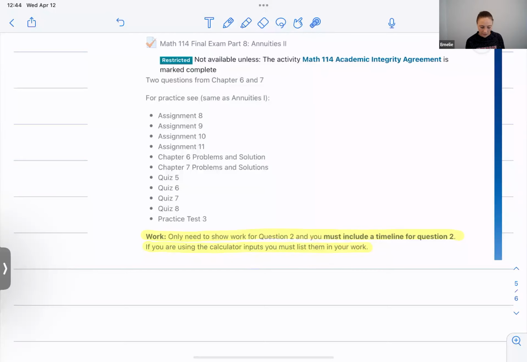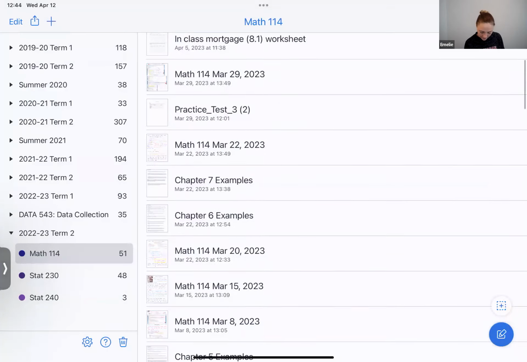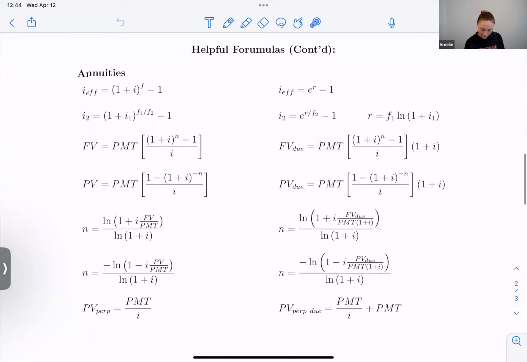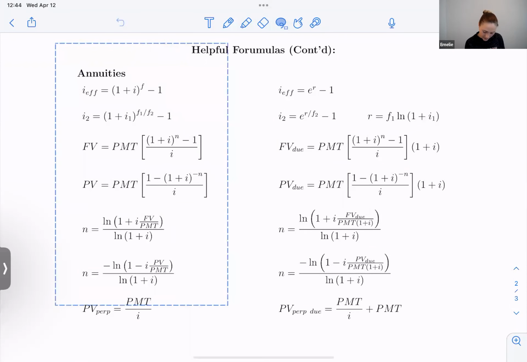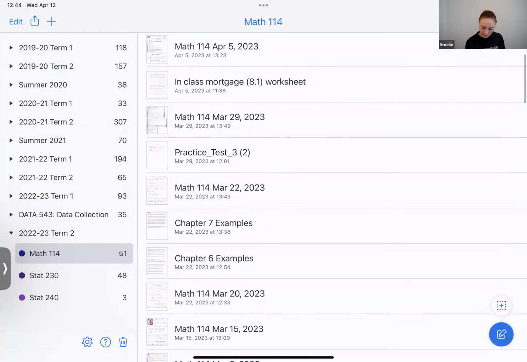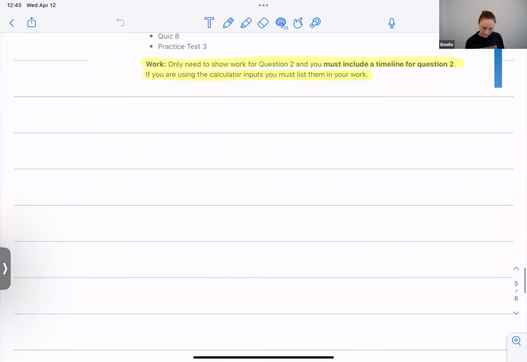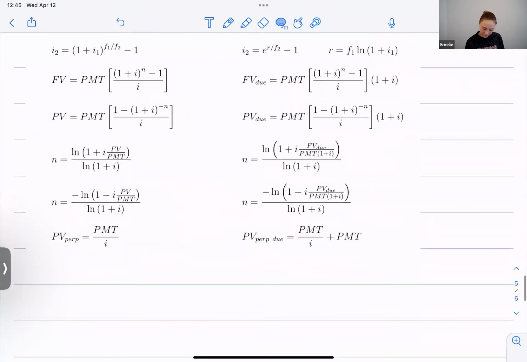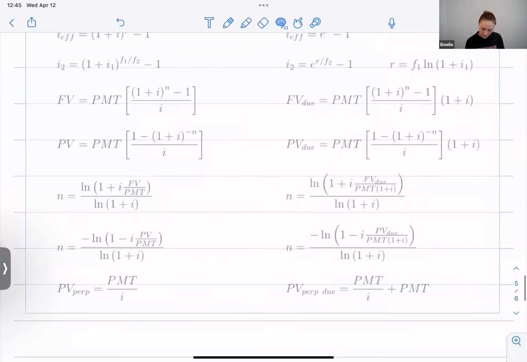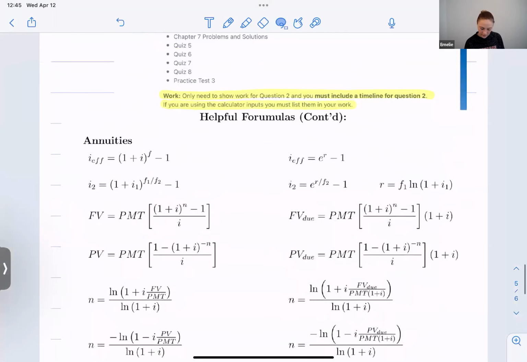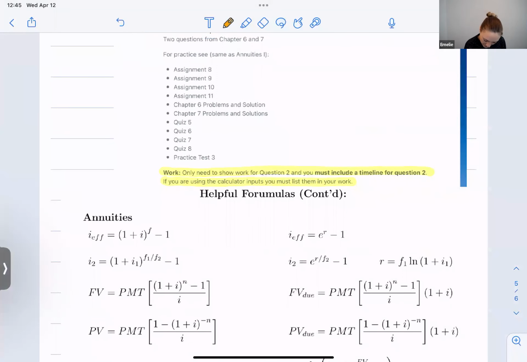Now for these annuities, you've got all the formulas, but they're all here on the second page. I know that's not very helpful, is it?